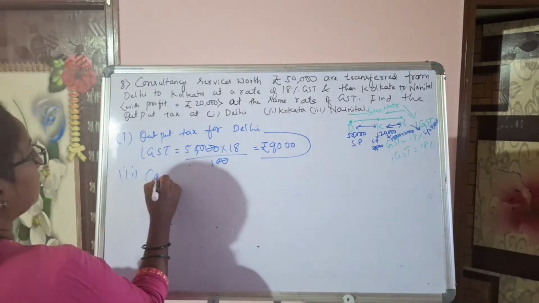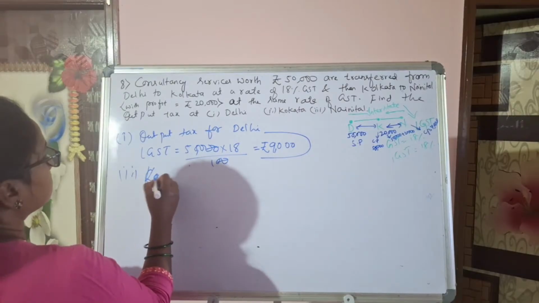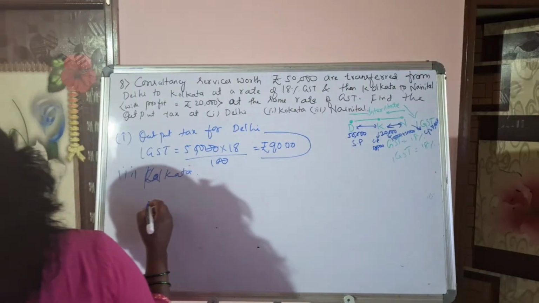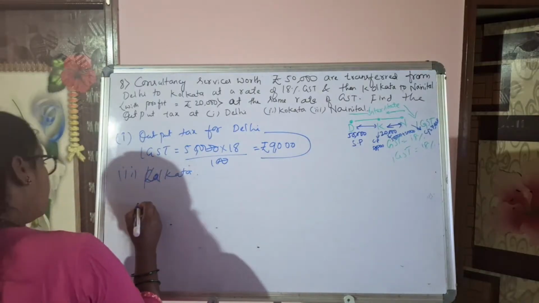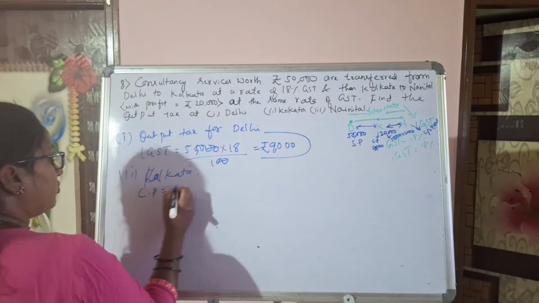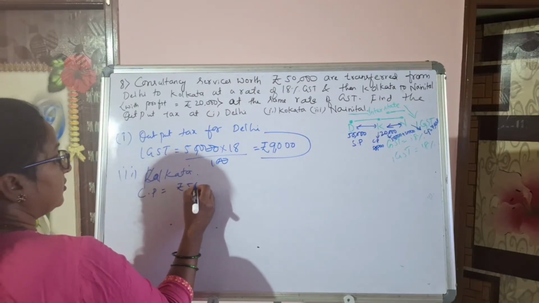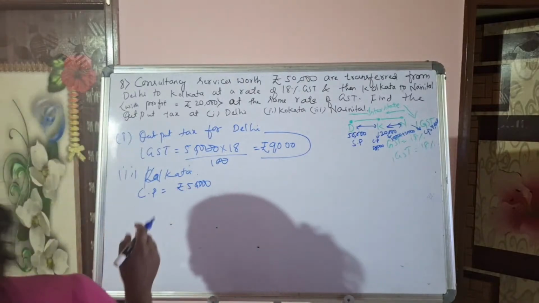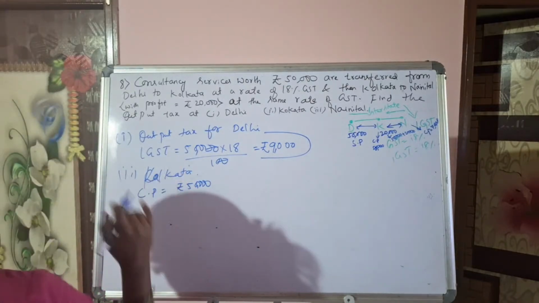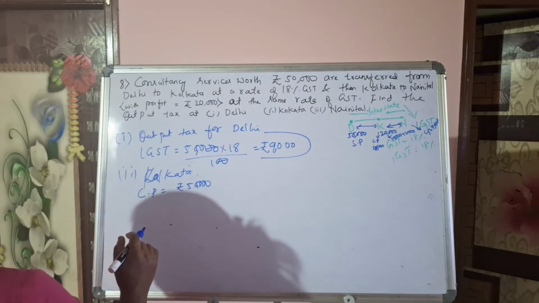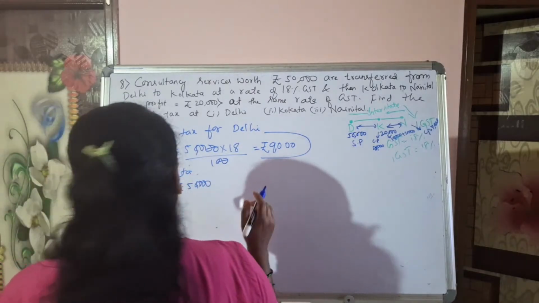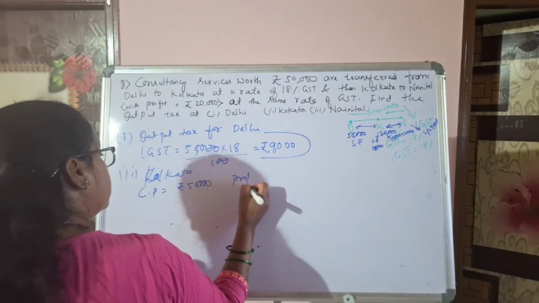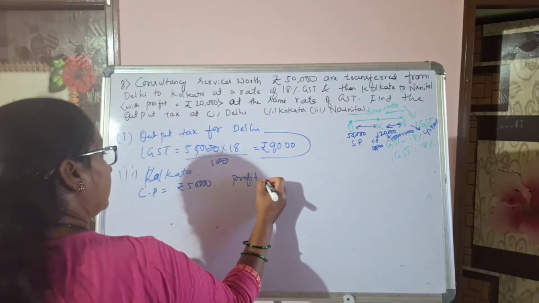And for Kolkata, cost price is equal to rupees 50,000 and here he makes a profit of rupees 20,000 by selling it to Nainital.